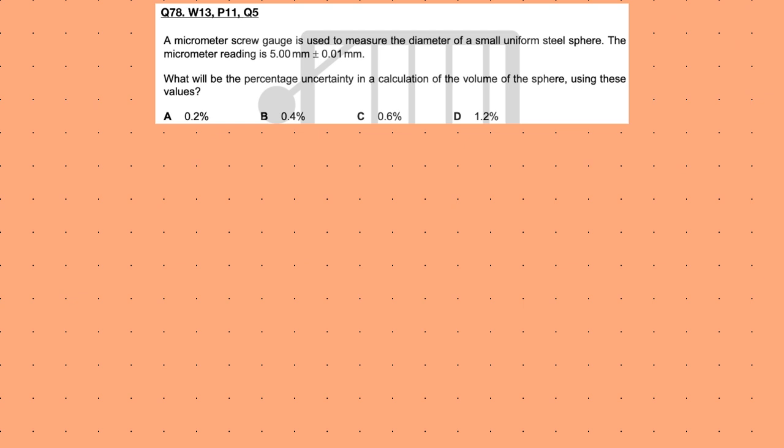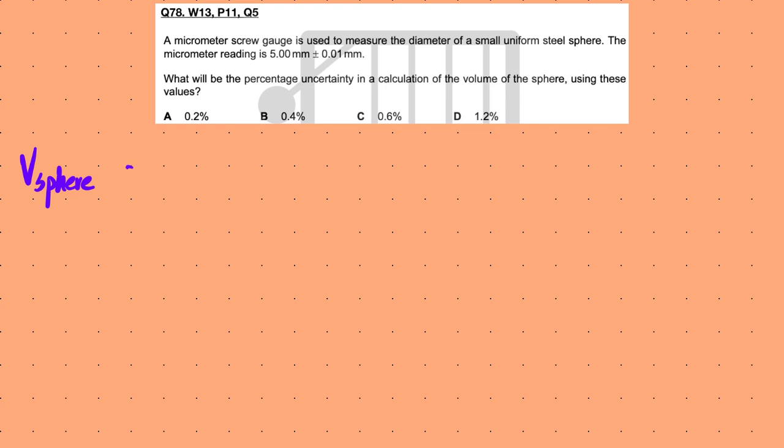Alright, let's look at this one. A micrometer screw gauge is used to measure the diameter of a small uniform steel sphere. The micrometer reading is 5 ± 0.01. So that's the diameter. What will be the percentage uncertainty in a calculation of the volume of the sphere using these values? Remember that it's important to memorize these formulas.